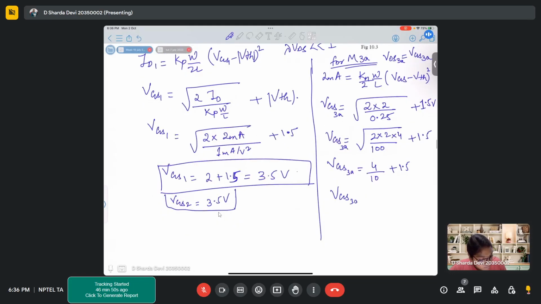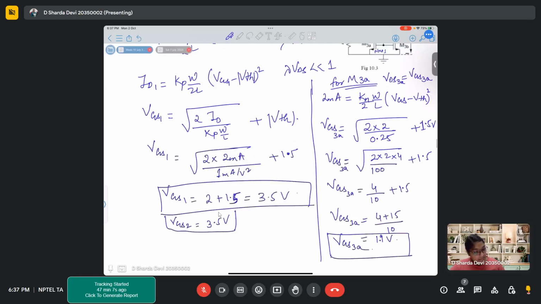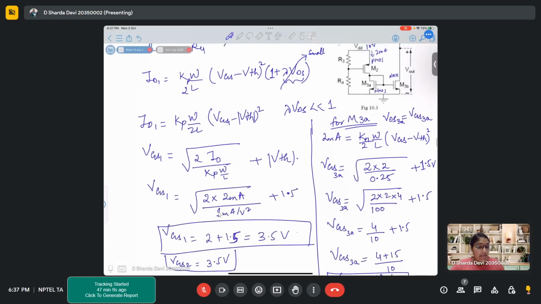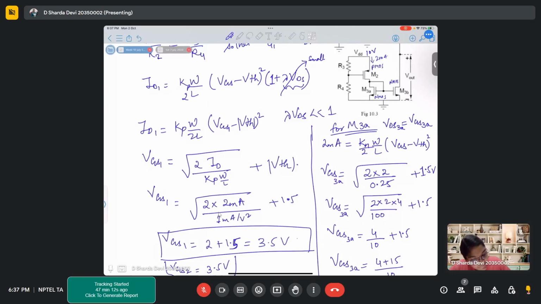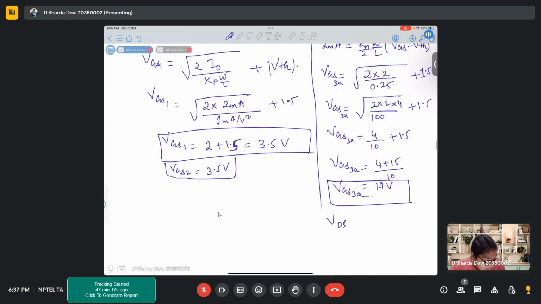So VGS 3A is 4 plus 15 by 10, that is 1.9 volts. VGS 3A is 1.9 volts, and this VDS 3A is equal to VGS 3A, right? VDS 3A is equal to VGS of 3A, which is 1.9 volts.